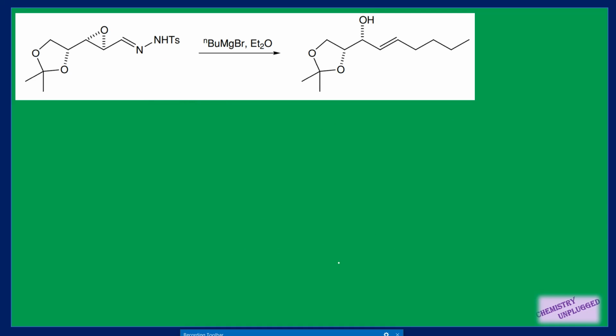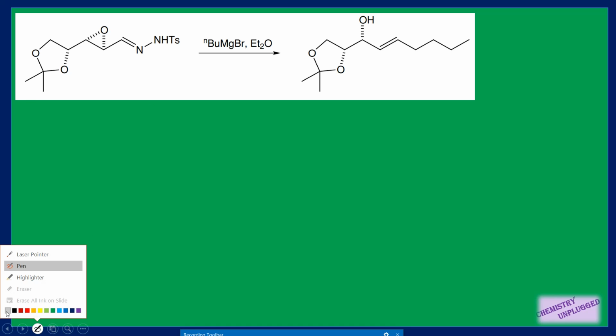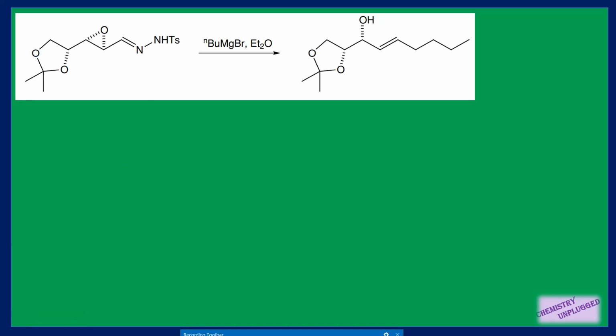Then the next question is very interesting, it is an example of your Wolff-Kishner reaction. In the Wolff-Kishner reaction, what we do is generate hydrazones first and then use base to get the final product, right?